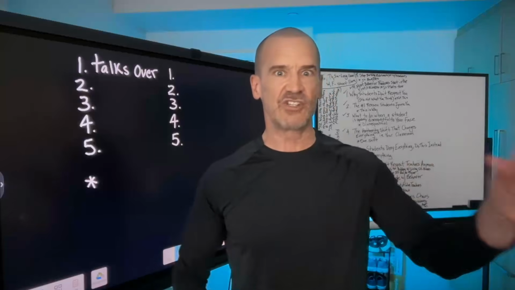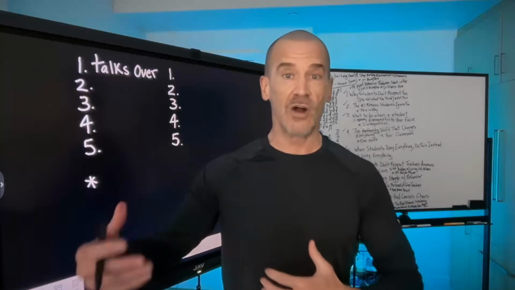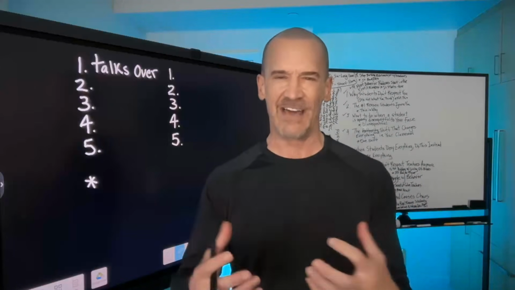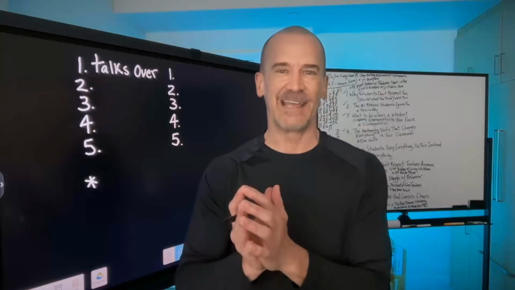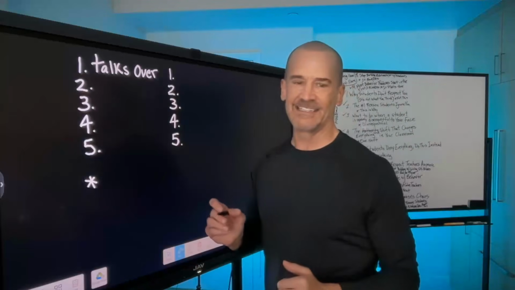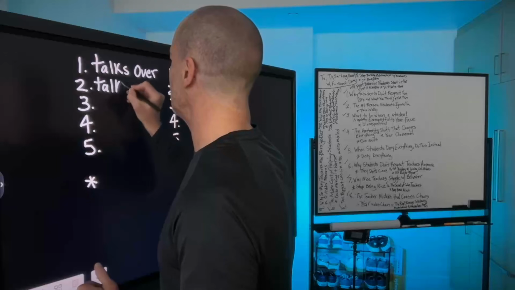Now, even if it's just a couple or a few students talking, it will grow as time goes on. Each time you give directions, you can never, ever do this. It's a big mistake.